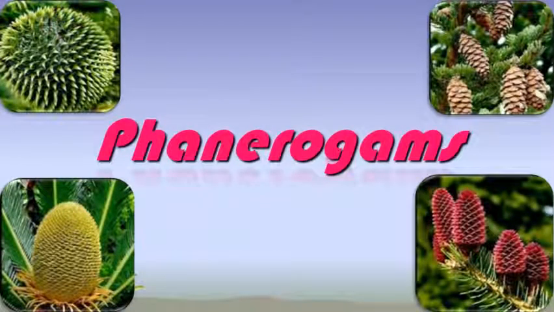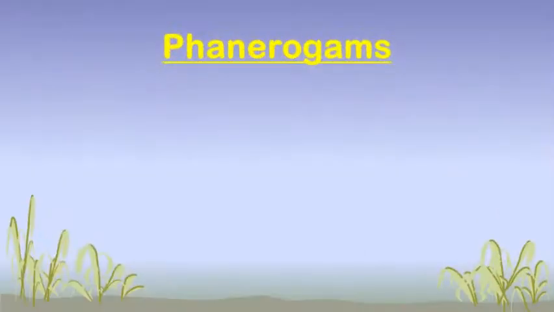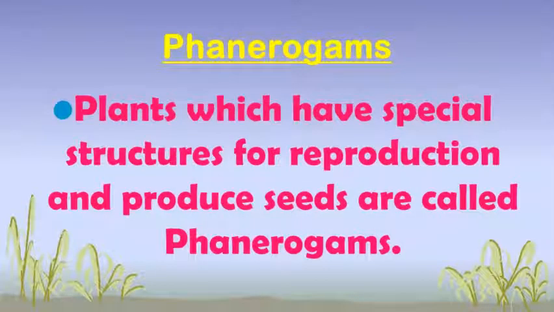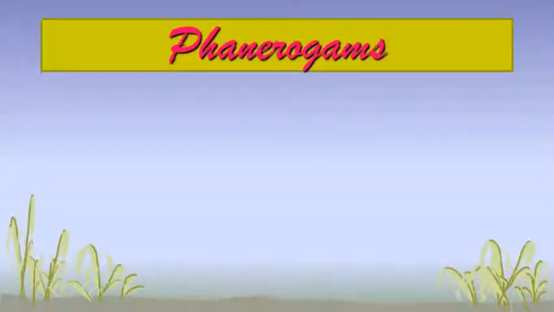Next class we have is Phanerogams. Let's learn about it. The definition of phanerogams is: plants which have special structures for reproduction and produce seeds are called phanerogams. That means they have two main characteristics. They have a special reproduction system, and they produce seeds.